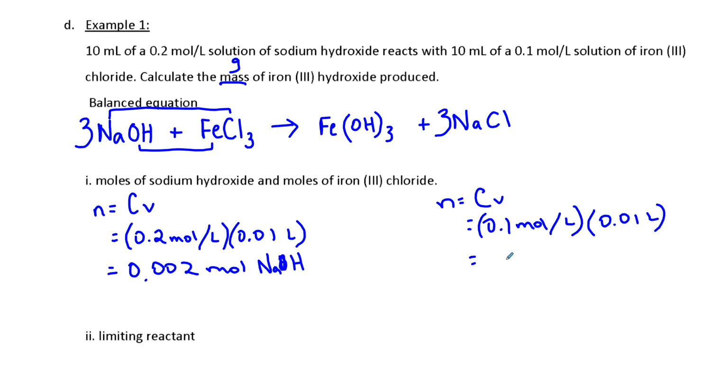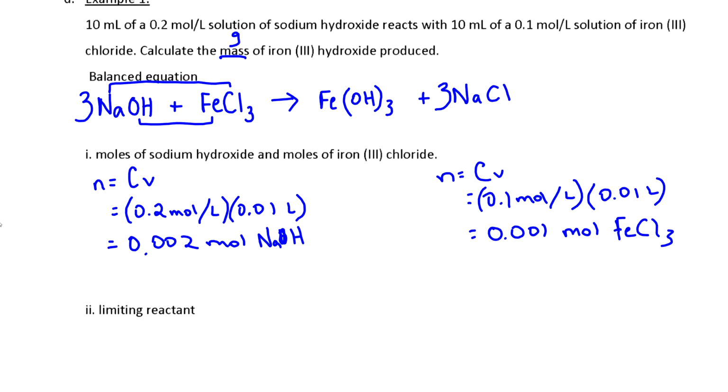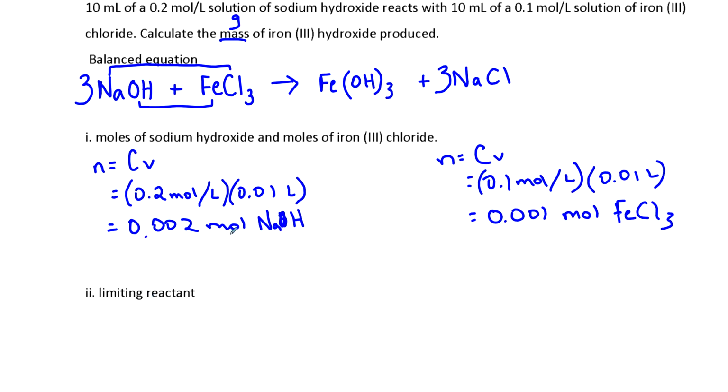So when I multiply, I get 0.001 moles, and that is the other reactant, FeCl3. That is really the only new step in this stoichiometry problem that you wouldn't have done previously. From this point forward, it works just like our previous stoichiometry problems.